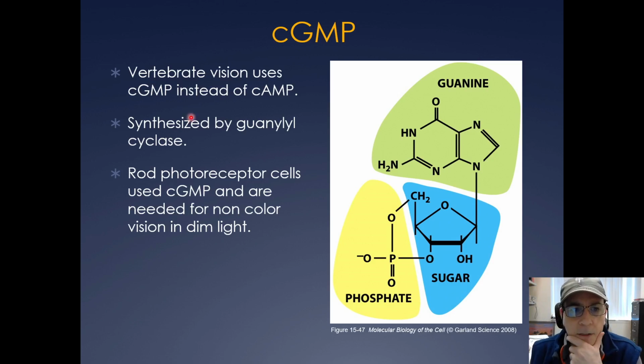Okay, and cyclic GMP is synthesized by guanylyl cyclase, and so here you have your guanine, your ribose, and then your cyclic phosphate here. And so this actually works in the rod photoreceptors in our eyes, and it's for basically non-color vision in dim light.